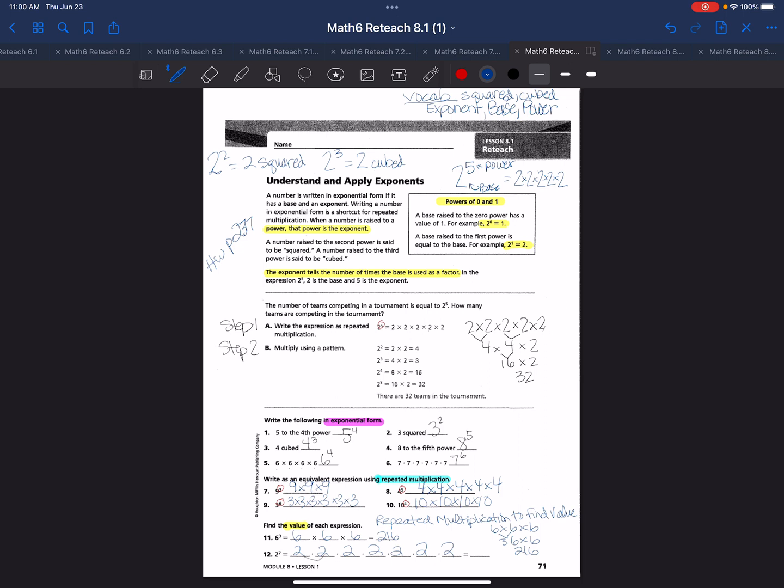So I need to go ahead and say 2 times 2, that's 4 times 4 times 4 times 2. I don't want to do this in my head. And then 4 times 4, that would be 16 times 8, because that's 4 times 4 and then 4 times 2. And then 16 times 8 would be 128. So that is our lesson for Module 8, Lesson 1, Grade 6.